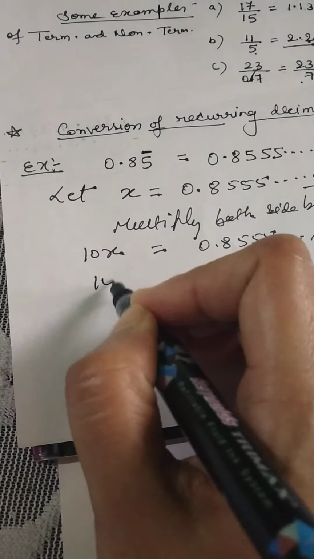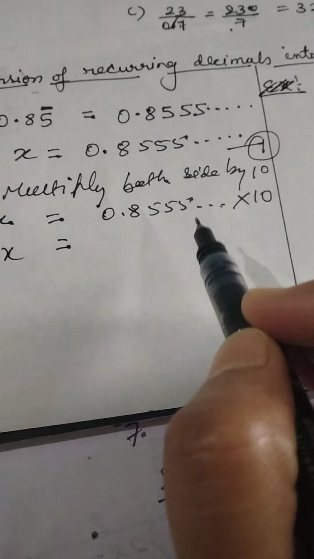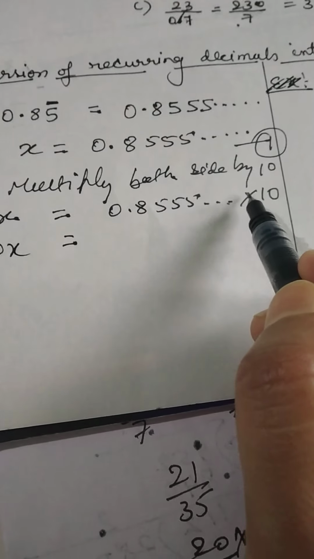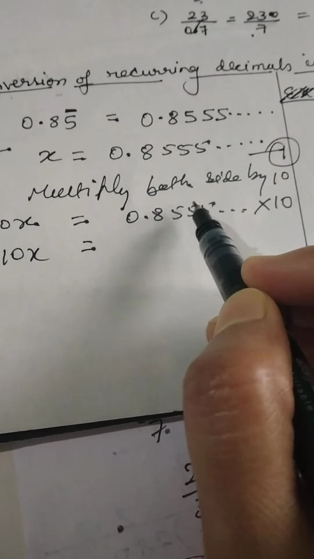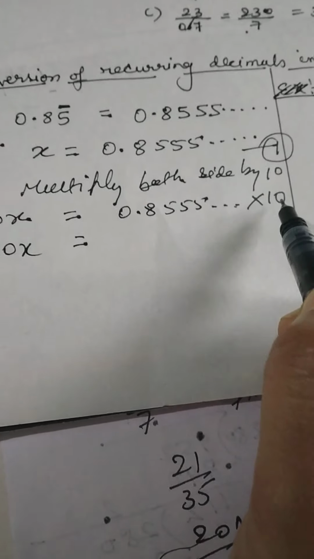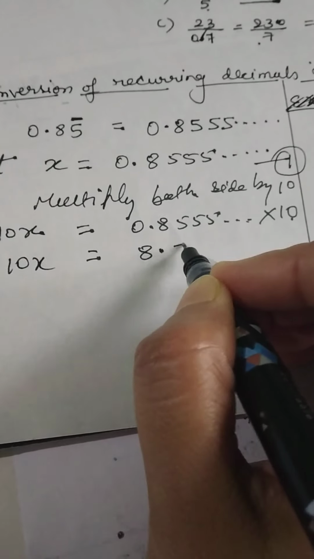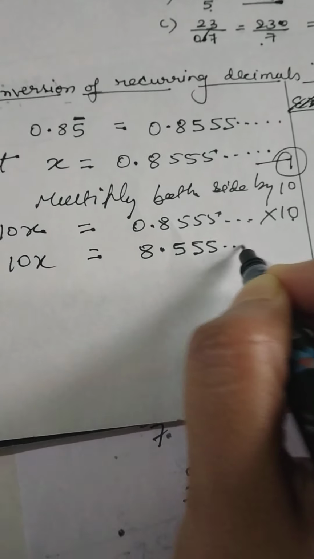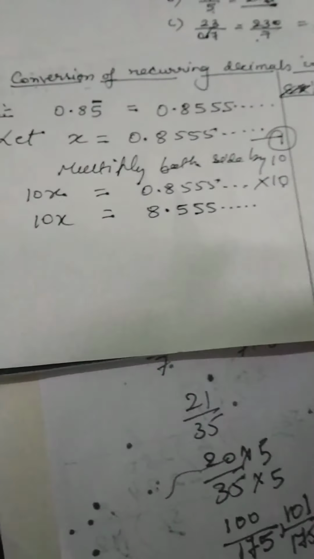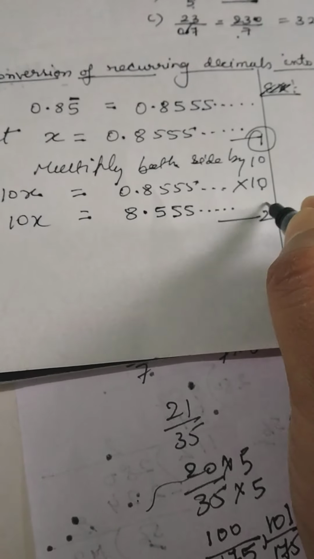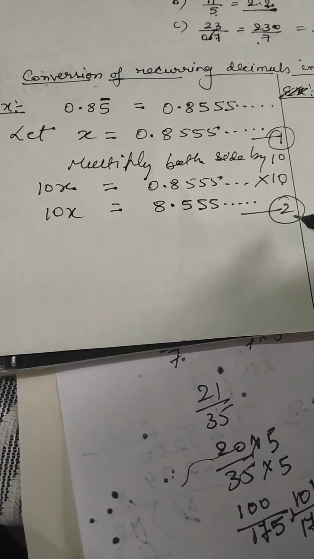Next step, 10x is equal to, now I have taught you earlier that if you are multiplying by powers of 10, the decimal will shift to the right side. So 1 0, so 1 digit the decimal will shift here. So you can write it 8.555 dot dot dot. The answer will be this. Now after multiplying, you just mark it as equation 2. This is equation 1 and this is equation 2.